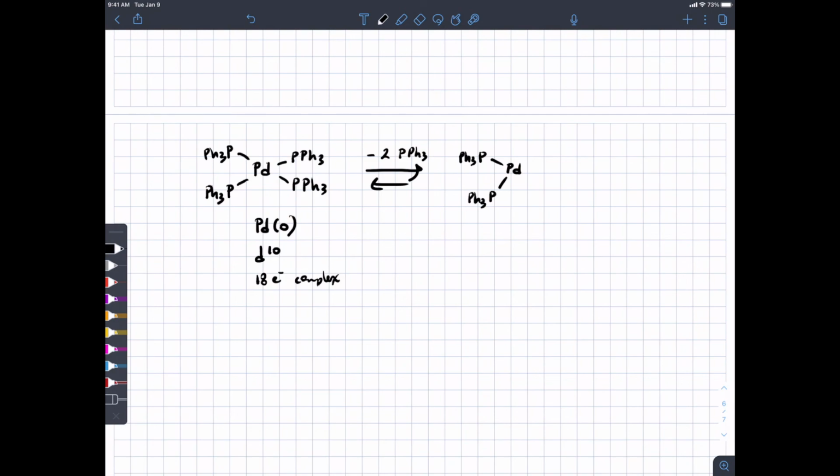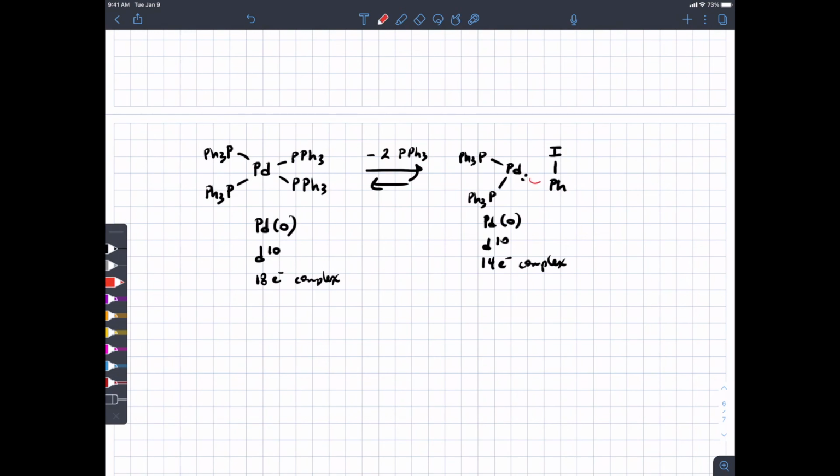Over here we're still palladium 0, it's still d10, but now we only have 14 electrons in the complex. There's space for something else to be a part of. So now we're going to take an aryl iodide. This is a phenyl bond between a benzene ring and an iodide. And we'll do oxidative addition.